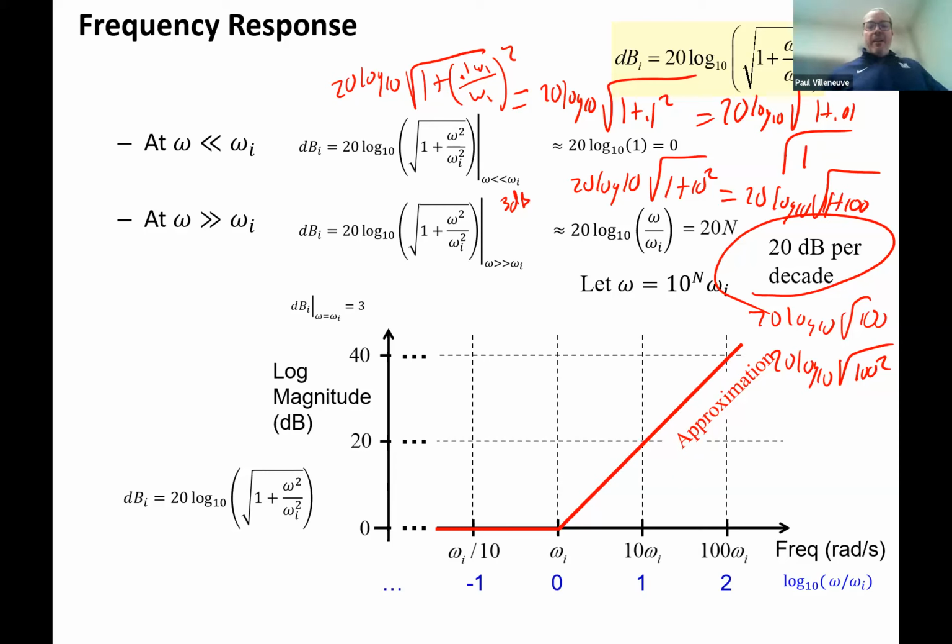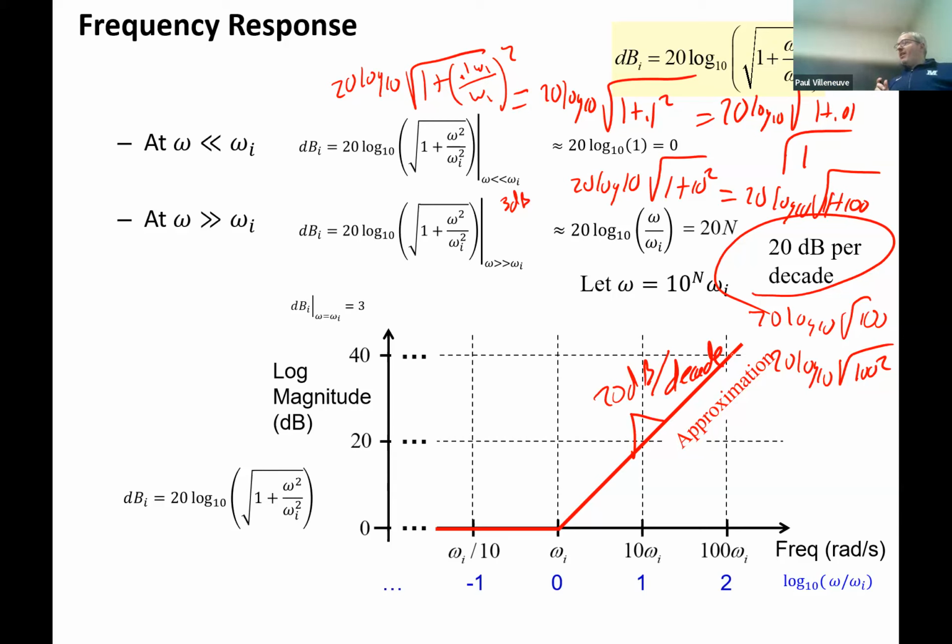Then when we hit our break frequency, the gain of the system is going to go up or down by 20 dB per decade. And that's going to continue forever, as long as we increase frequency.